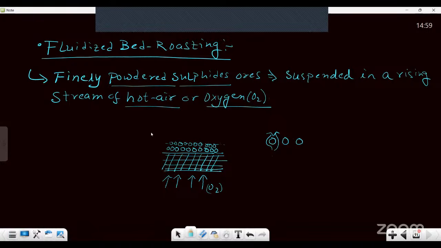So you can say when particles are suspended, they behave like boiling liquid. Now, this stage, when these particles are just floating, is called fluidization.